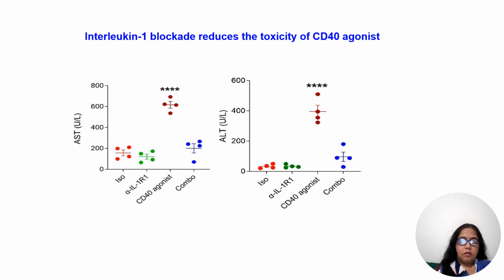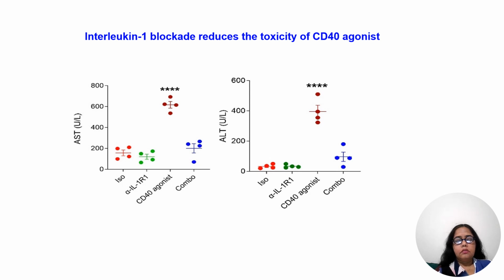So as I said before, CD40 agonists cause toxicity and liver damage. So you can see here we analyzed two liver enzymes, AST and ALT.